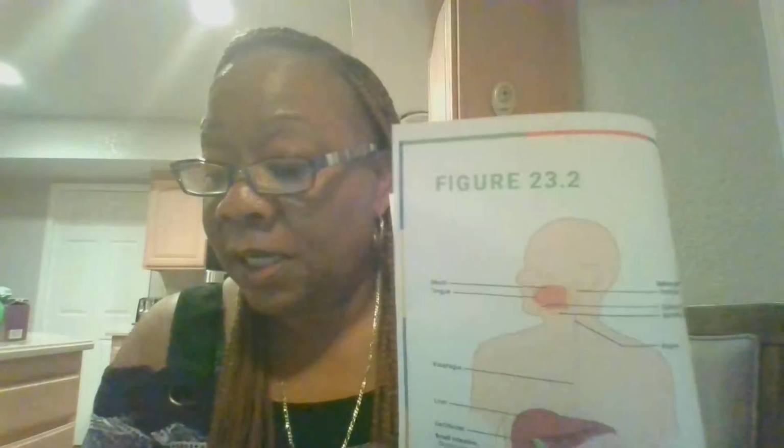Okay? The mouth is the beginning of the digestive tract. And in fact, digestion starts here in the mouth. When you take the first bite of food, chewing breaks the food into pieces that are more easily digested, while saliva mixes with the food to begin the process of breaking it down into a form your body can absorb and use.